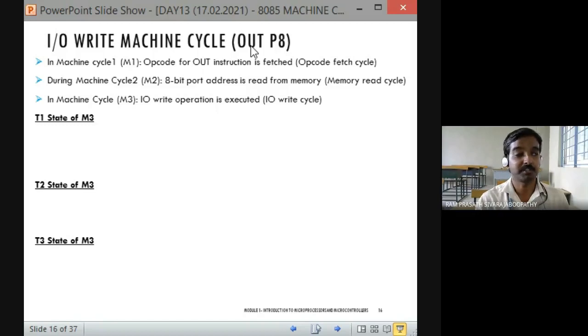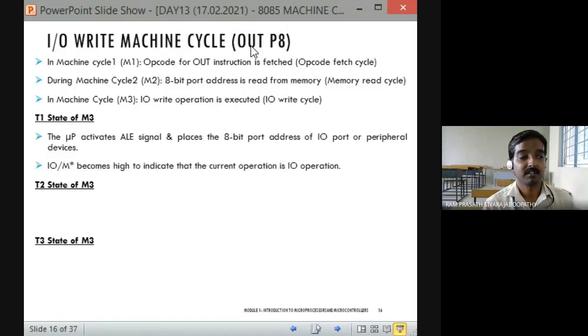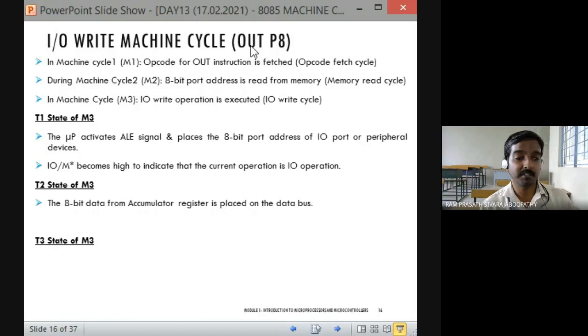Okay. So during the T1 state, the MPU activates the ALE signal and places the 8-bit port address, the address of our peripheral device. IO/M bar becomes high to indicate the current operation is an IO operation. The 8-bit data from the accumulator is placed on the data bus during the second T state of machine cycle 3. The MPU activates the write bar signal to perform the write operation.